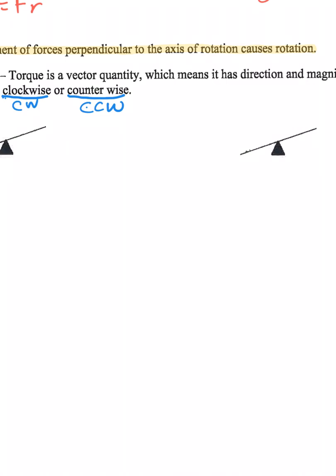Counterclockwise is positive torque, clockwise would be negative torque. So let's talk about what it would look like for this thing to rotate counterclockwise. How would the arrows have to go? I want you to think about it.